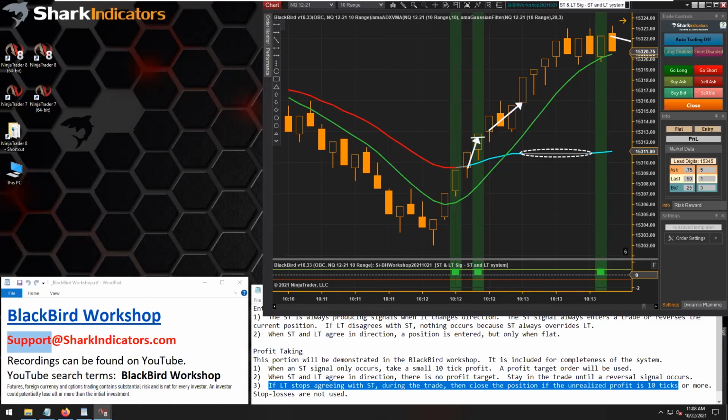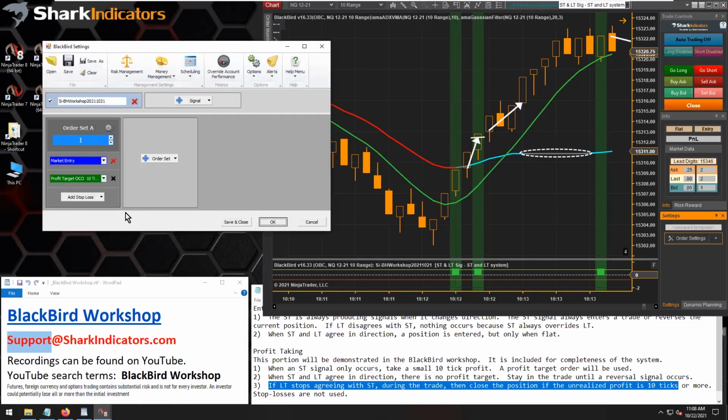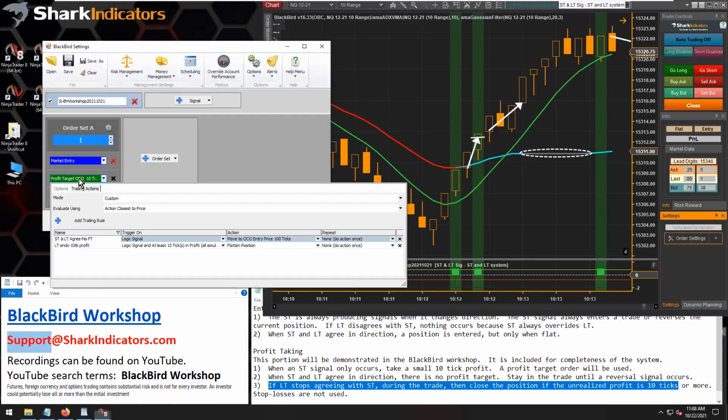As far as BlackBird, BlackBird doesn't have the ability to cancel an order and then add it back later on. I'm not even sure what changes would be necessary in order to add a profit target back after it's been canceled.